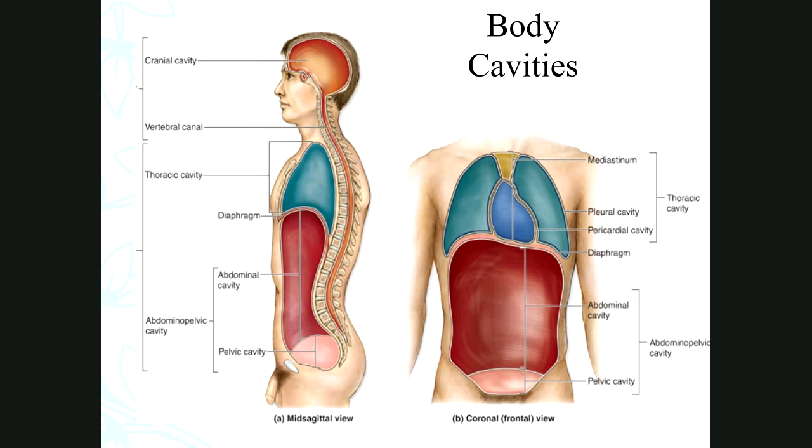So let's talk about body cavities. We have 3 regions that we have to talk about with the body cavities. The first one is called the cranial cavity. The cranial cavity and the vertebral column are considered posterior or dorsal.